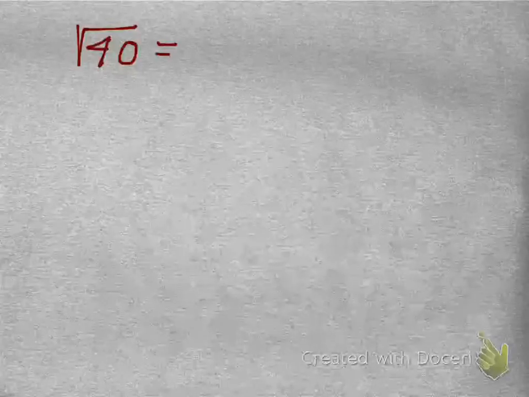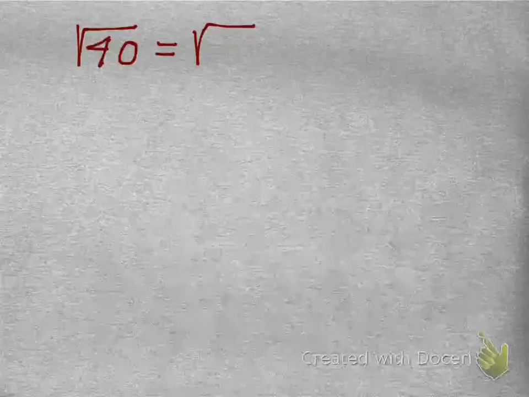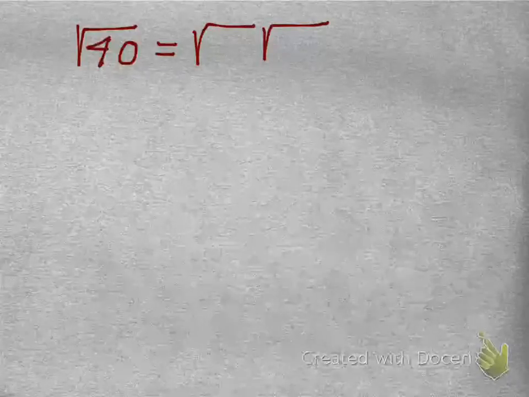So what if we encounter a number such as the square root of 40 that is not a perfect square? Well, we can estimate, but what we want to do is simplify the radical. The way this works is we see if we can find a perfect square that goes into 40.